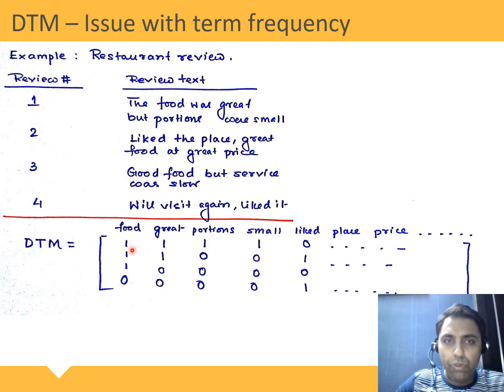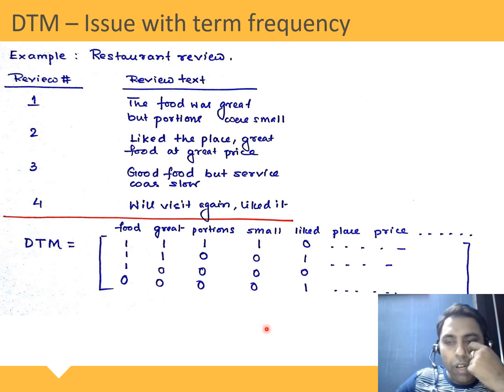For example, food in the first column, first row means the number of times the word food appears in review 1. Looking at the word small here, we see 1 because small appears once in the first row, but never appears again in any of the subsequent reviews.